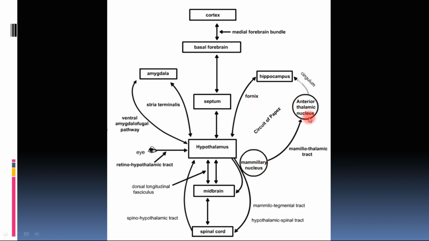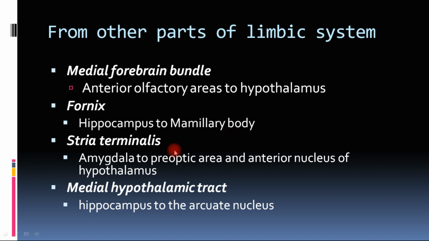We will study the Papez circuit in more detail, but for now, as we are looking at the afferents for the hypothalamus, the fornix is the one which forms the afferent getting input from the hippocampus to the mammillary body of the hypothalamus.